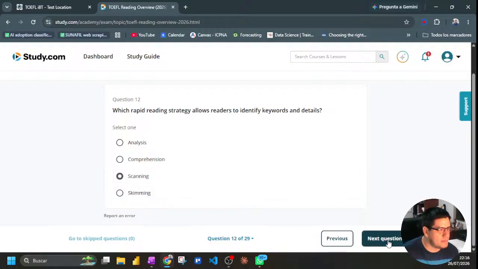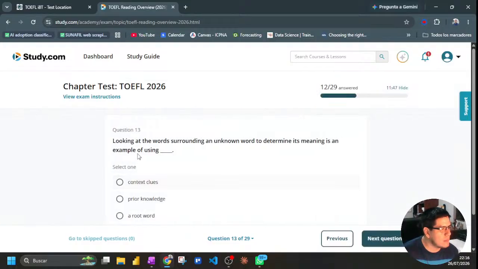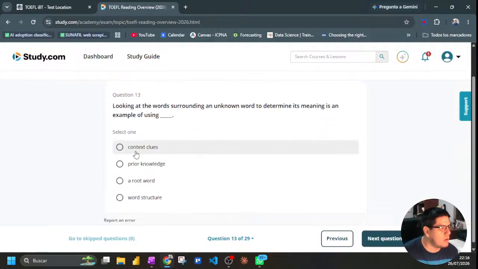Scanning. Looking at the words surrounding an unknown word to determine meaning is an example of context clues.